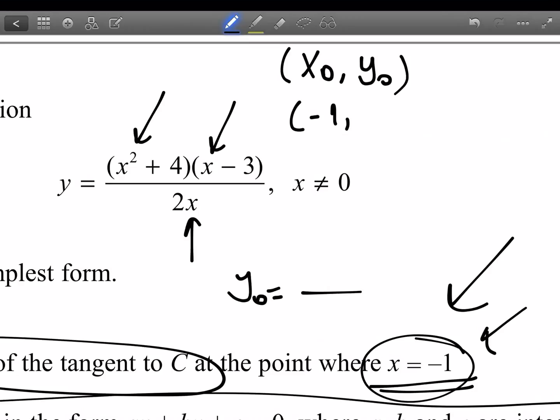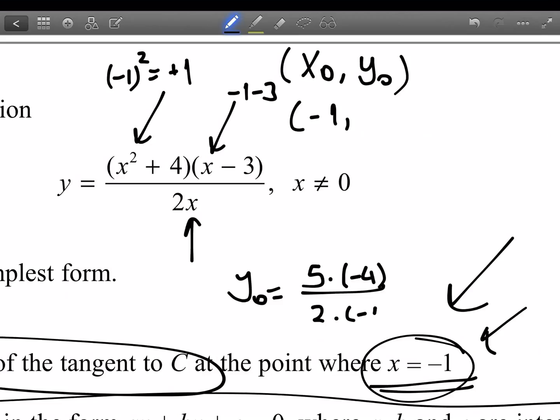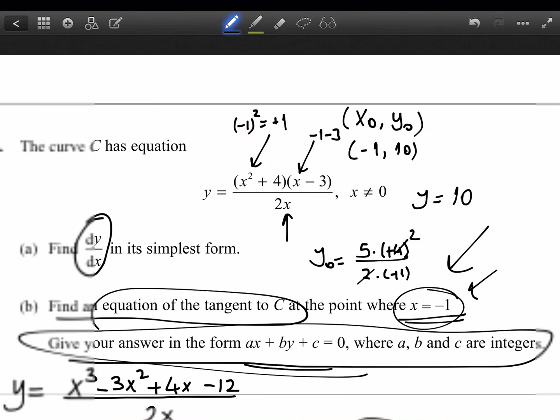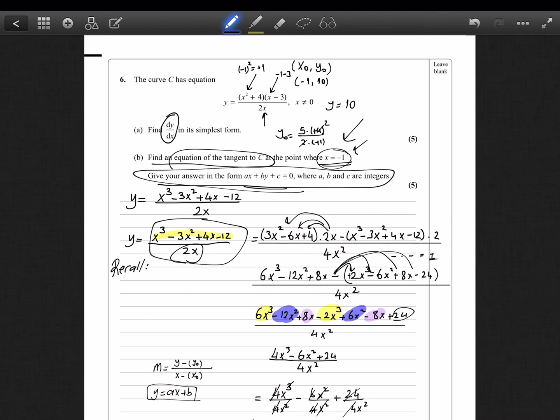y0 will be -1 squared is +1, plus 4 is 5, and -1 minus 3 will be -4, and divide by 2 times -1. What will we have? These are positive, the 2's are cancelled, y is 10, and we found the point -1 and 10.